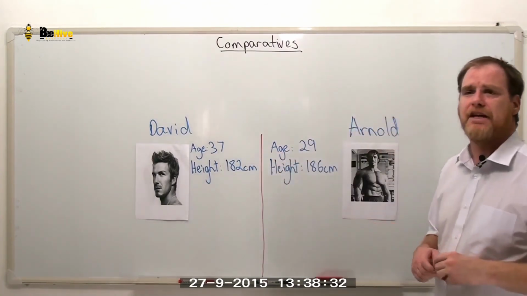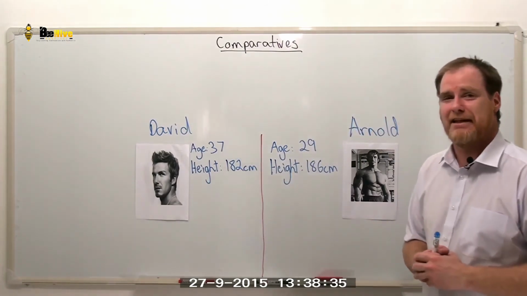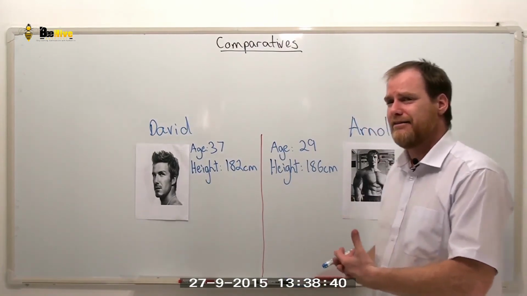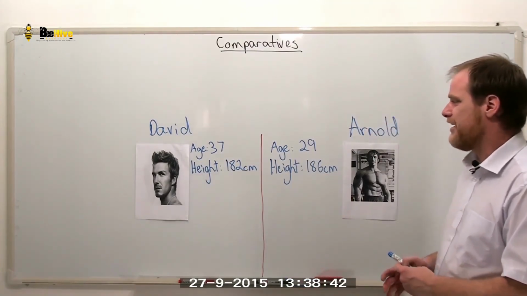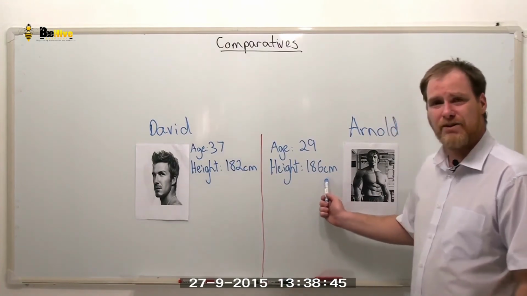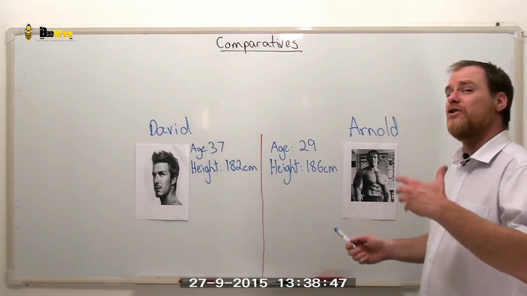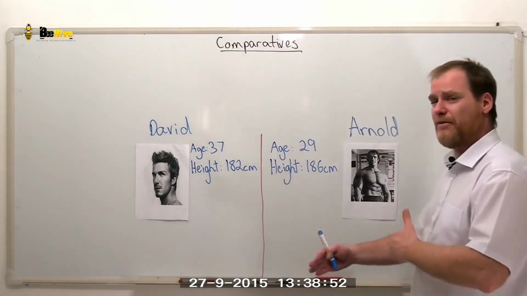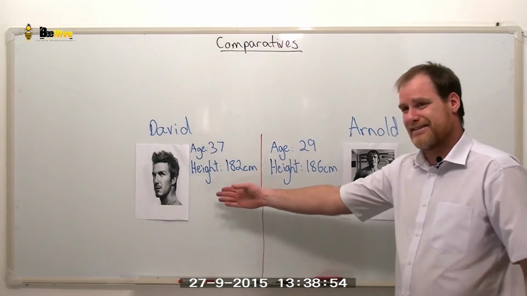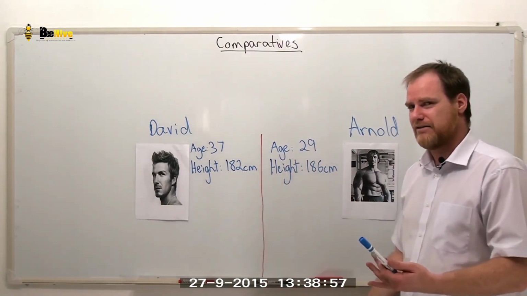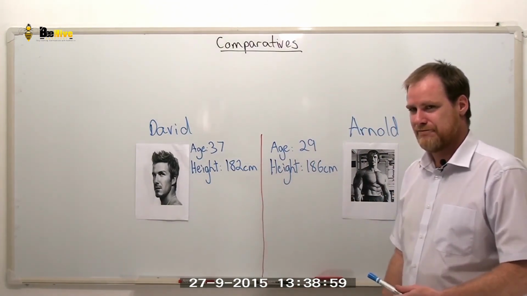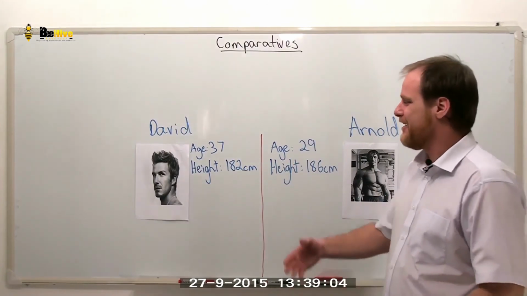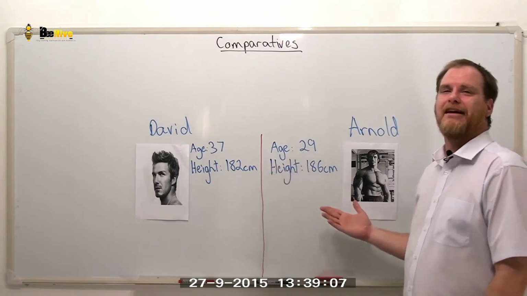Arnold is 186 centimeters tall. So if you remember the adjectives that we learned earlier, okay, you would say that Arnold is taller than David, right? And again, if I wanted to reverse the sentence and talk about David first, how would I do that? Have a try. Great. So what you should have said is David is shorter than Arnold.